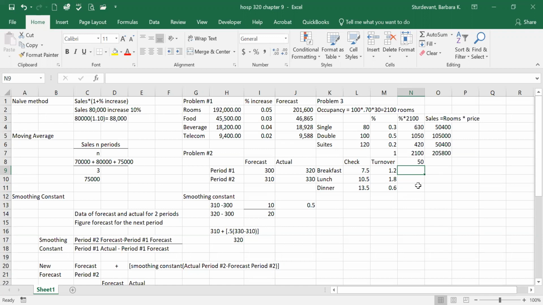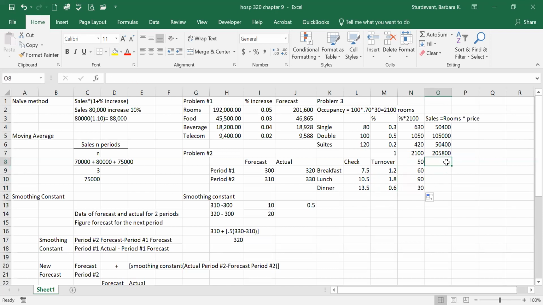Okay, so all we're going to do is take this times this, and that's going to give us the number of meals for each of the breakfast, lunch, and dinner.